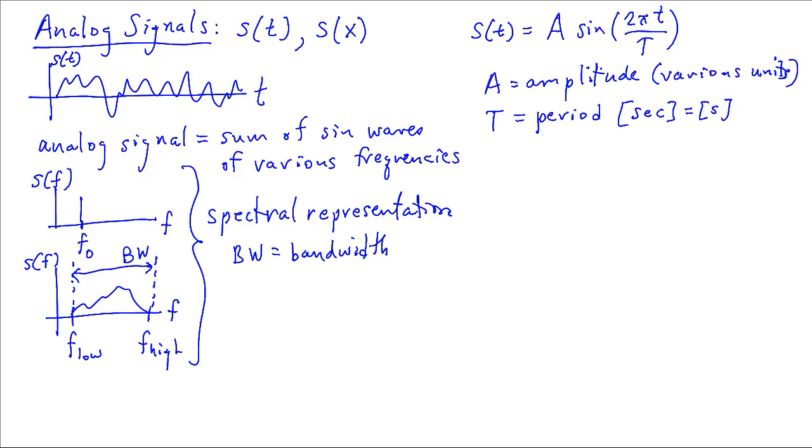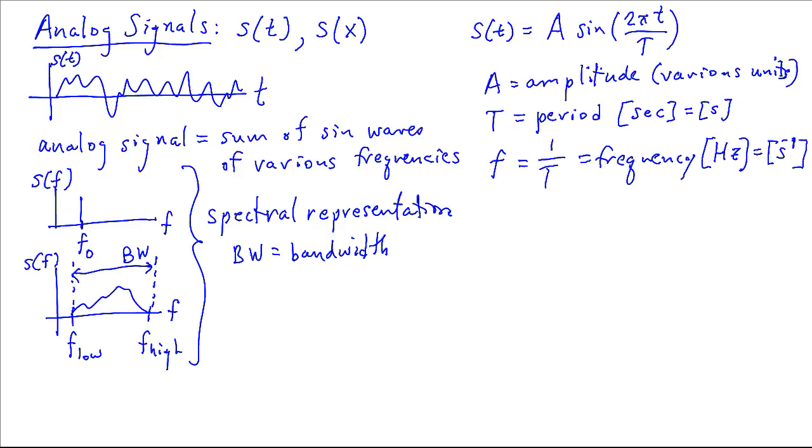Okay, and we can also write that the frequency is 1 over the period, and it has units of hertz, or cycles per second, or just inverse seconds, because we usually omit the cycles. And because f is 1 over T, I can write this sine wave as A sine(2 pi f t). Sorry if that's a little bit messy there.